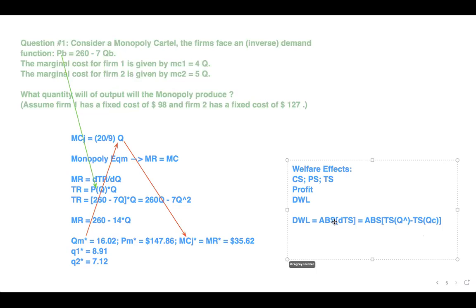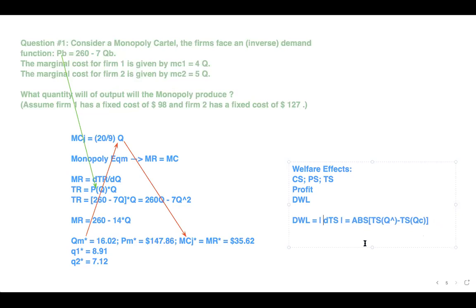I could just put pipes here instead. So if you all prefer this kind of notation for absolute value, that's fine too.